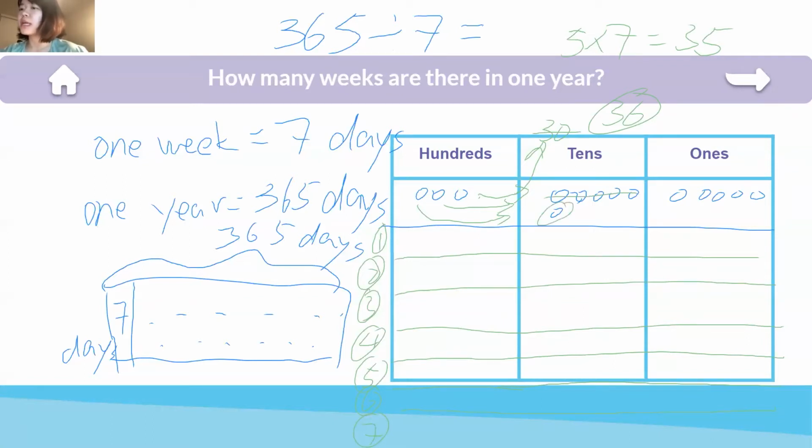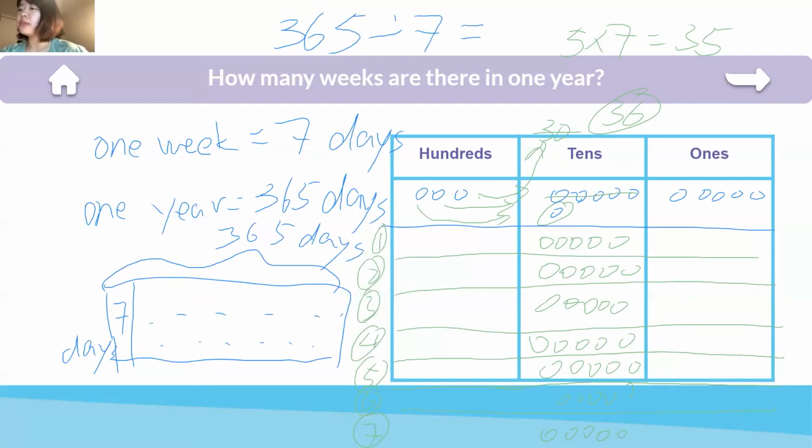So we're doing it correctly. So we have 5 for each group for the tens place. Okay, and we have 1 ten left.